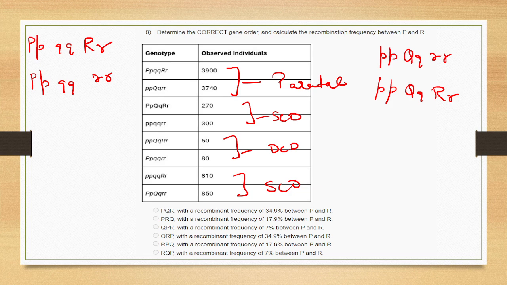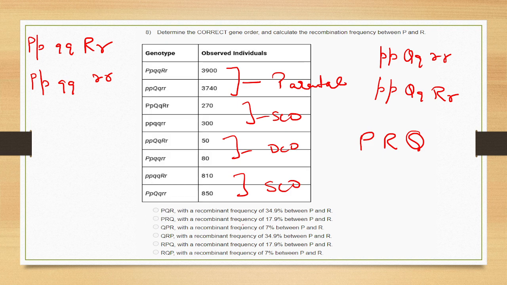So here you can see that in both the cases, because it's a double crossover, your R gene is getting crossed over between your parental generation and your recombinant generations. So from this you can say that R has to come in between. So it is PRQ, or from this way QRP, that is fine. So from here can you see any option PRQ? Yes, it is there.